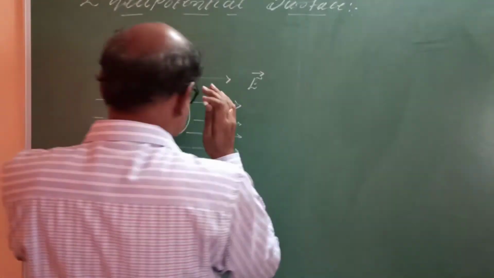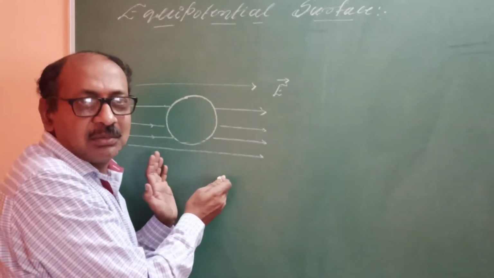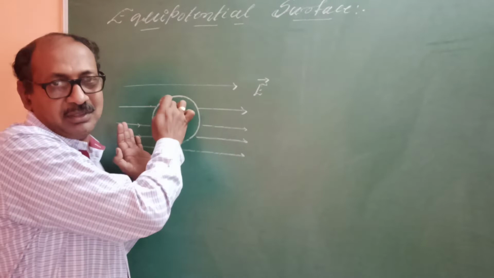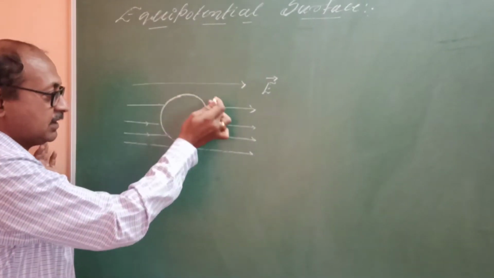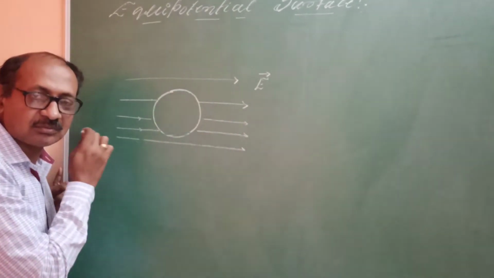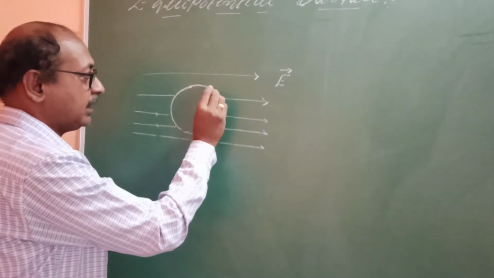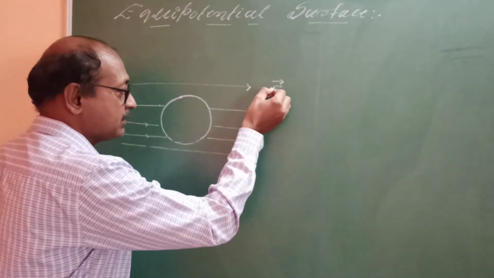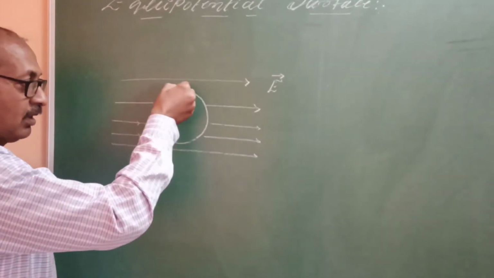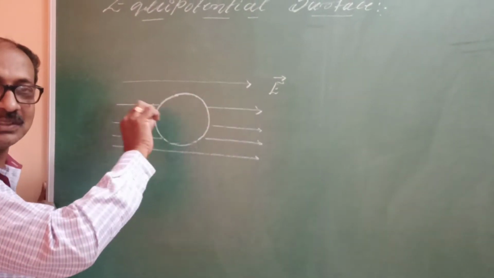The earth is just considered as a metallic sphere like this. Then at each and every point, the electric field is always perpendicular to the surface.